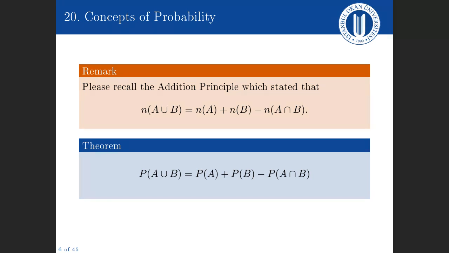Last week we talked about the addition principle. That's the number of elements in A union B was the number of elements in A plus the number of elements in B. But there's a risk that we could be counting the same element twice.